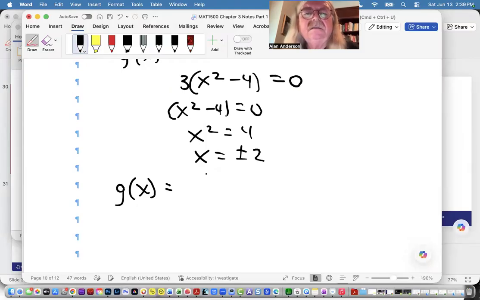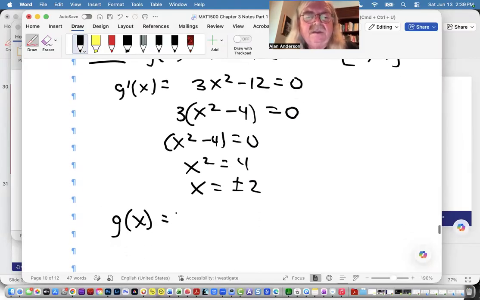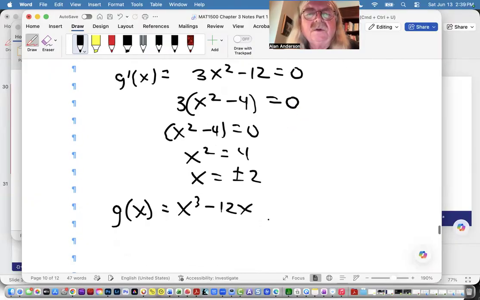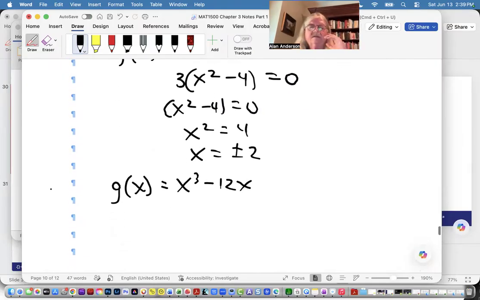All right. x cubed minus 12x. So we'll do all of them right here. Well, I guess we could start with the endpoints.